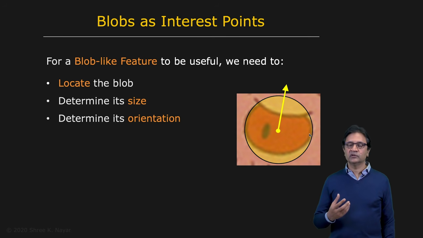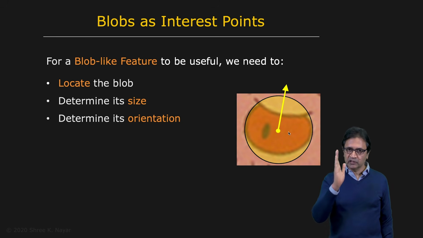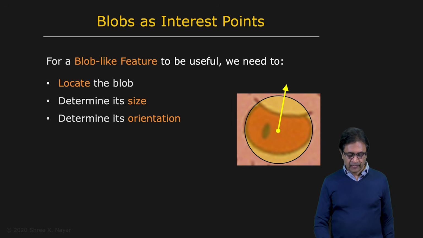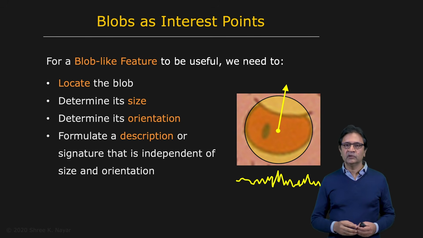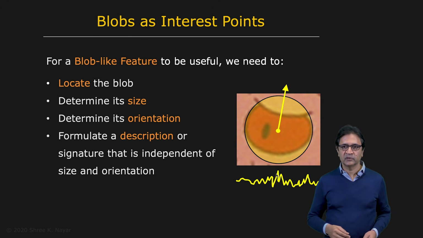And then you have, of course, an orientation associated with the blob, because the blob itself can appear in different orientations, so we need to be able to compute a principal orientation of the blob. And finally, we need to be able to, after we have done all of this, extract a description or a signature which relates to the appearance inside the blob itself. This signature is very important for matching purposes, as we mentioned earlier.